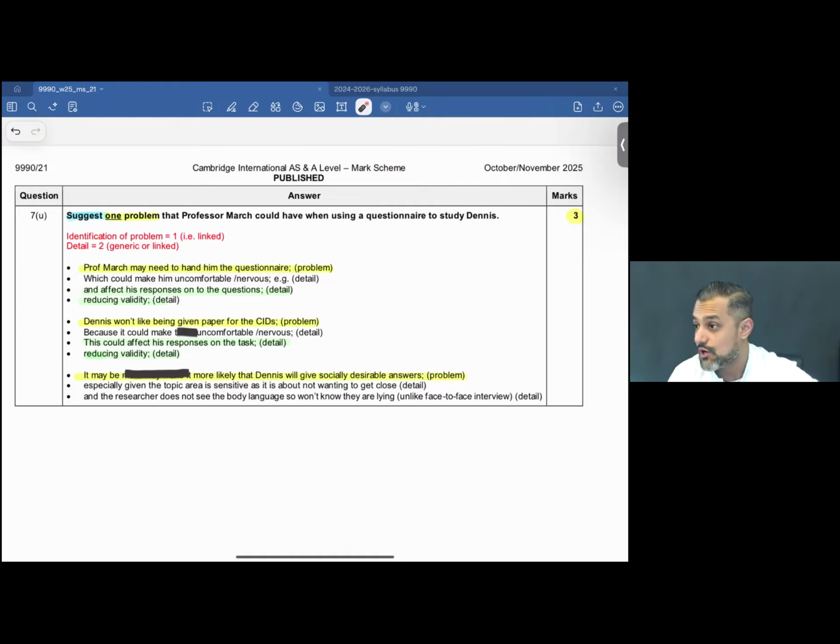And when we talk about self-report measures, demand characteristics, or if we be a little more specific here, socially desirable answers are a concern that many researchers have, especially given the topic area is sensitive, as it is about not wanting to get close, and the researcher does not see the body language, so won't know they are lying, unlike face-to-face interviews. So that again could be an issue.